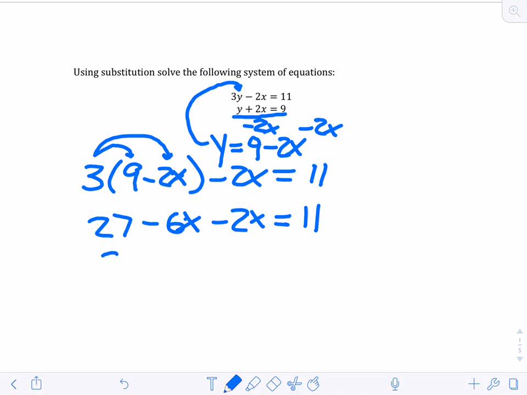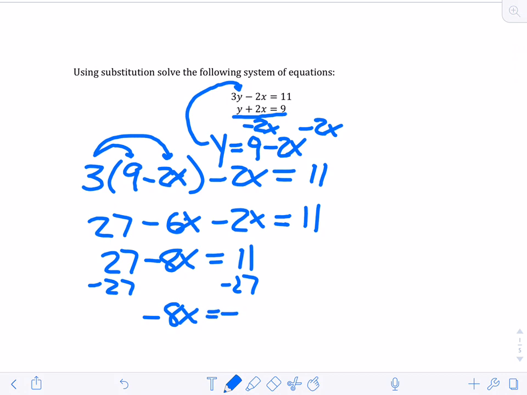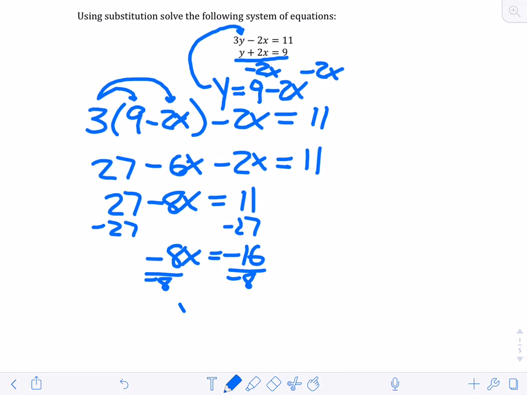We combine like terms, we get 27 minus 8x is equal to 11. Subtract 27 from both sides, and we get negative 8x is equal to negative 16. We divide by negative 8, so that we can solve for x, and we get that x is equal to 2.